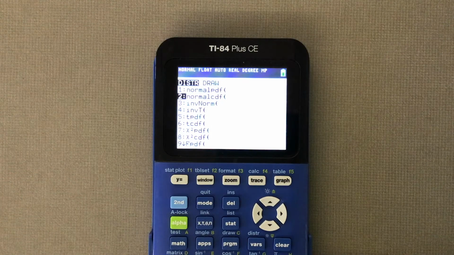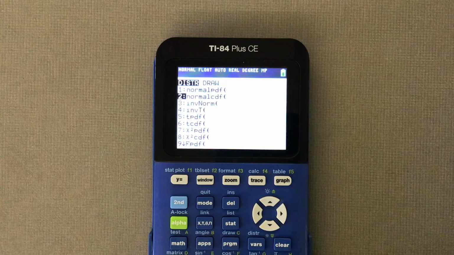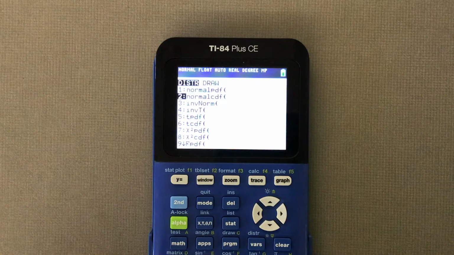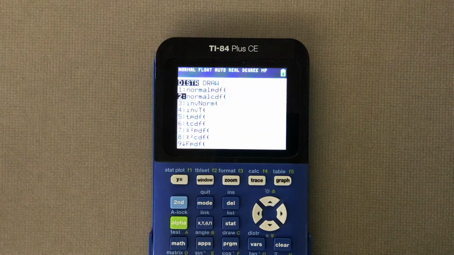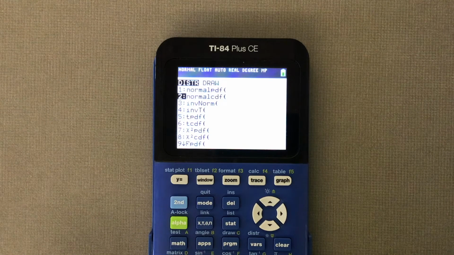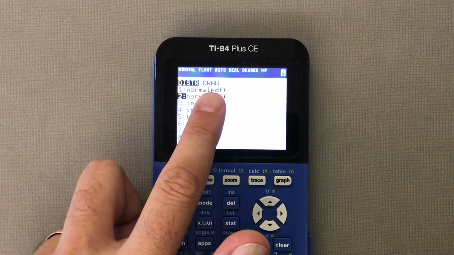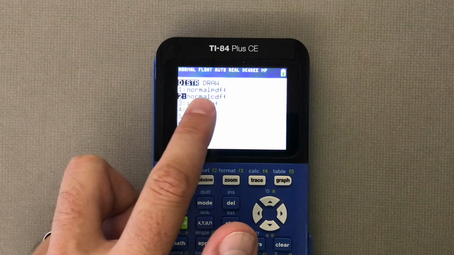What it kind of does is tell you where you can plot points, like if you were trying to create the normal distribution by hand. It's actually pretty helpful if you were trying to make a normal distribution on your calculator. If you're into programming and you want to put up a display that shows the normal distribution and shades it in for you, you could program that and this normal PDF would be helpful for that. But we're going to always use normal CDF.